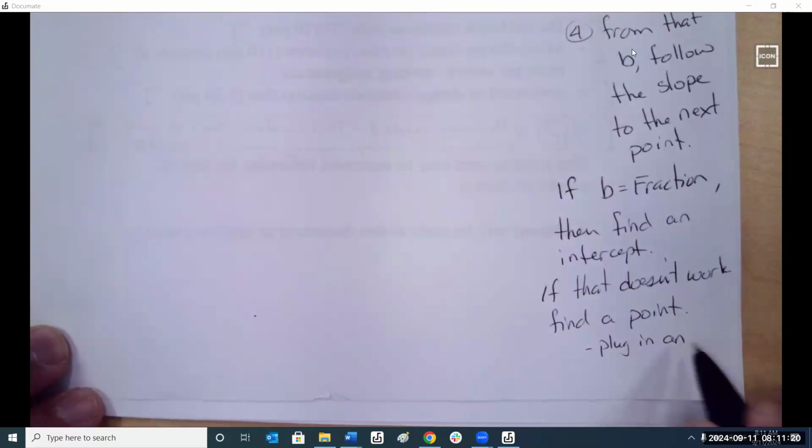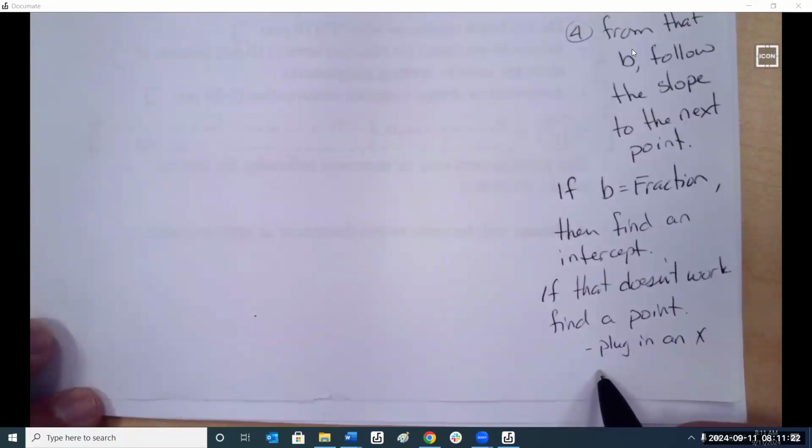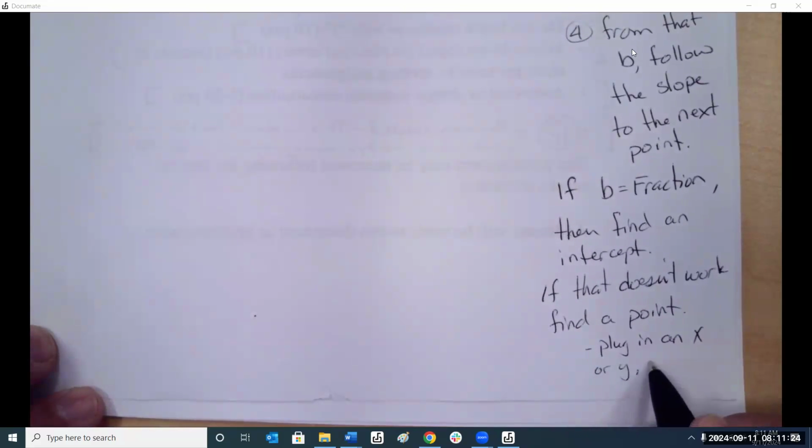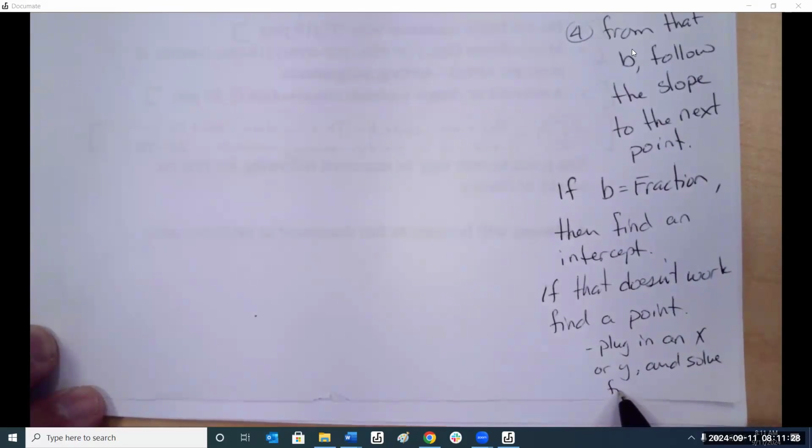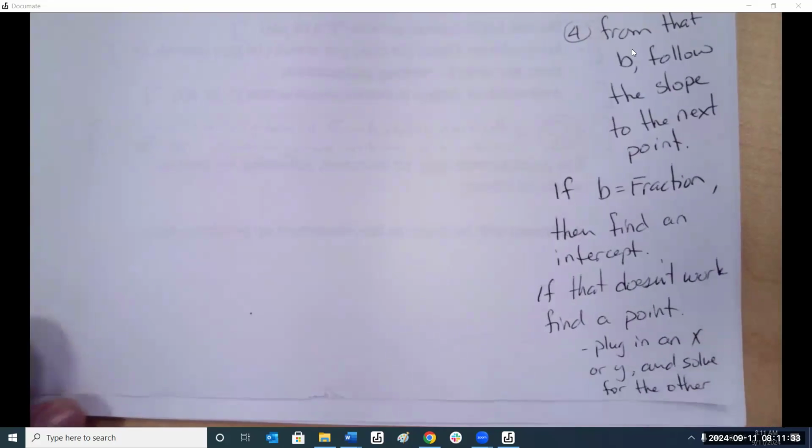Plug in an x or y and solve for the other. Because you need to have something solid, two integers that intersect somewhere in this two-dimensional space. Once you find a point, then you can follow the slope from that point. So far, so good.